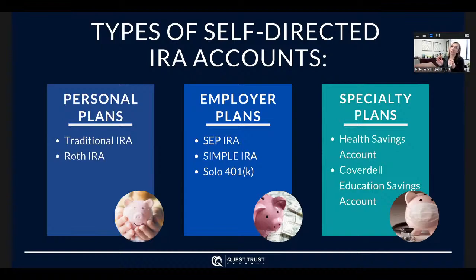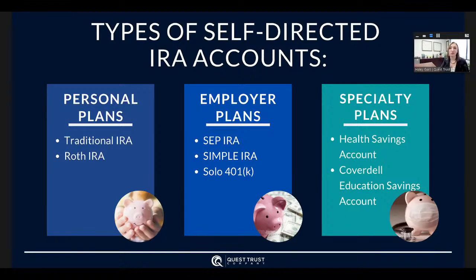So one of the things that I think is really important when it comes to understanding these 7 different types of accounts is to have that one-on-one consultation with one of our IRA specialists. All of our IRA specialists have gone through some pretty extensive training internally at Quest. A lot of us are also CISPs, which is a certified IRA services professional, and that's actually a designation given by the American Banking Association.